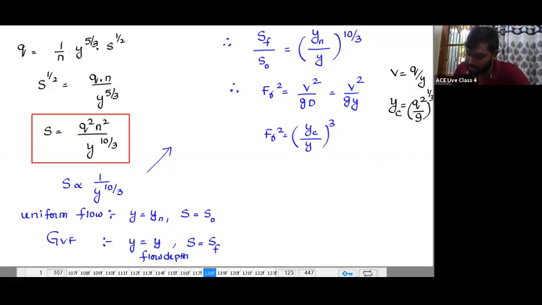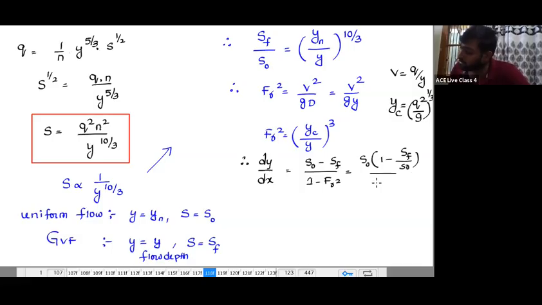So now let's write down the dy by dx once again. The dy by dx is nothing but S naught minus Sf by 1 minus Fr square. Yes or no? Now let's take S naught outside. Then 1 minus Sf by S naught by 1 minus Fr square.